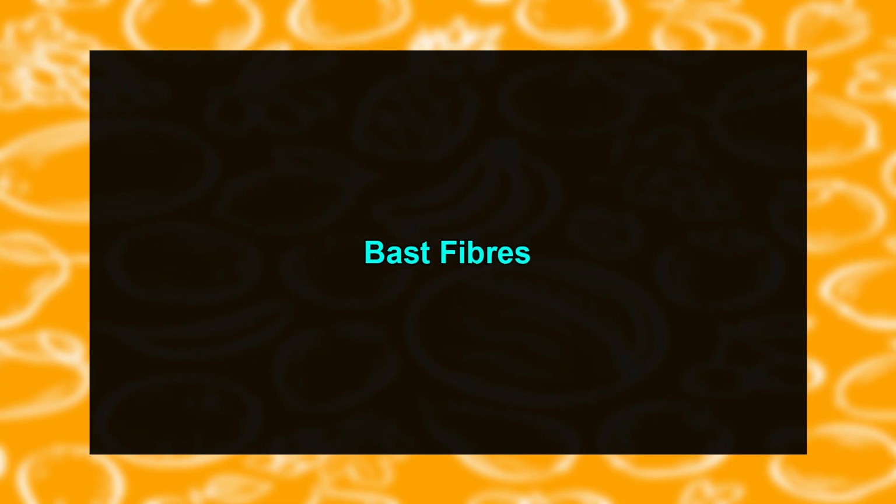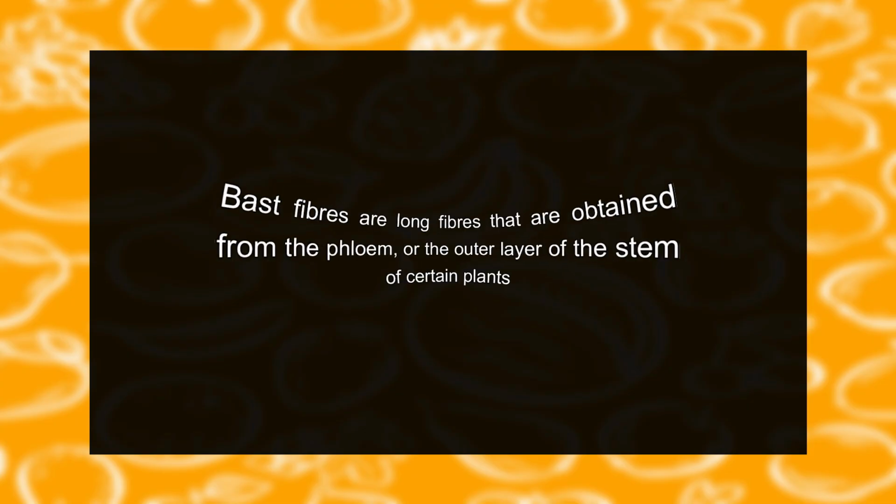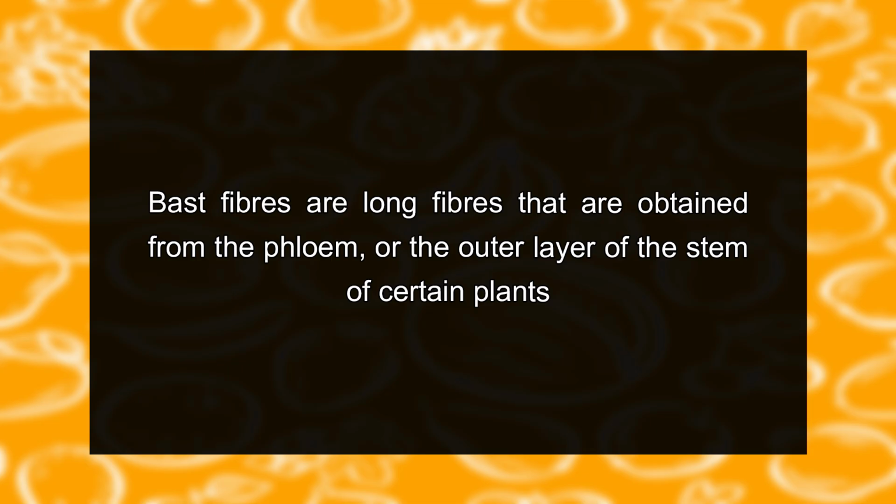Number 1, bast fibers. Bast fibers, that is flax, jute, hemp, ramie, kenaf, and abaca, are soft woody fibers which are obtained from stems or stalks of dicotyledonous plants. Bast fibers are long fibers that are obtained from the phloem or the outer layer of the stem of certain plants.